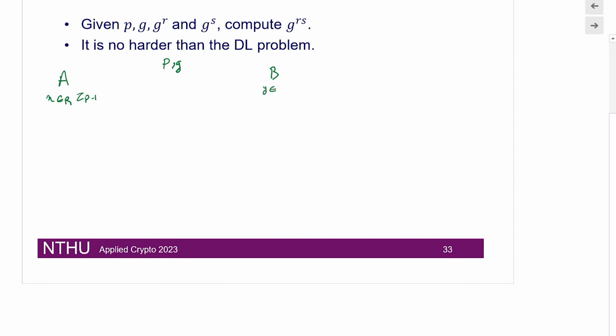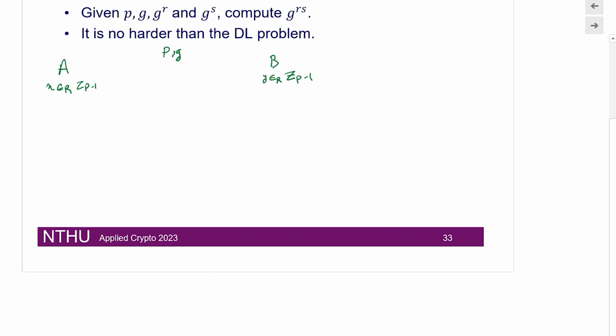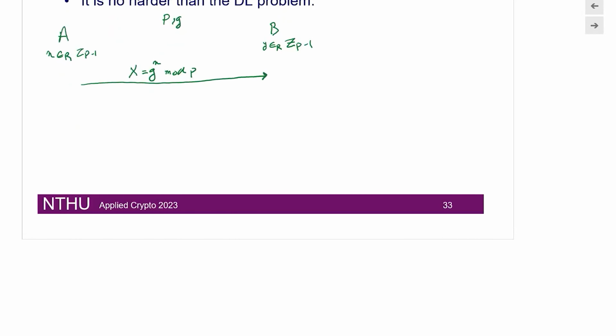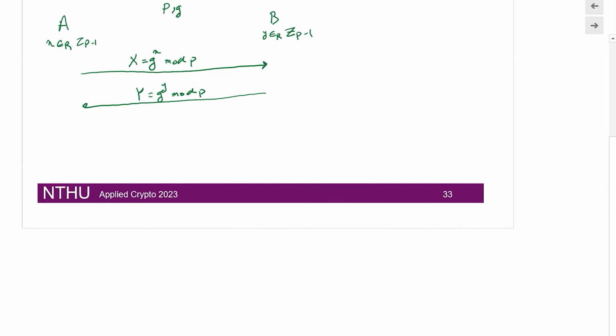He would choose a Y randomly from Z_{P-1}, and then Alice would compute and send to Bob capital X, which is equal to G to the X mod P. And at the moment that Bob receives this value, he would also compute and send capital Y equal to G to the Y mod P. And both parties have received this value. So let's see what they can do with it.